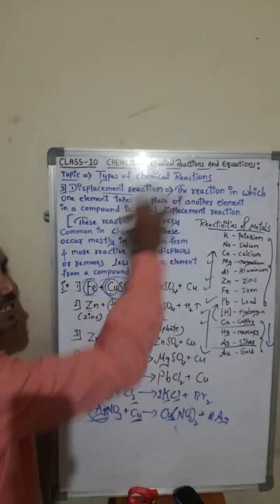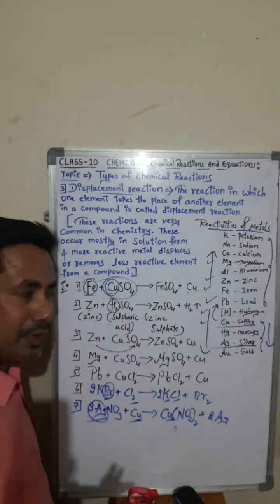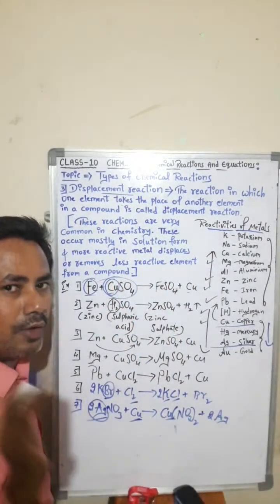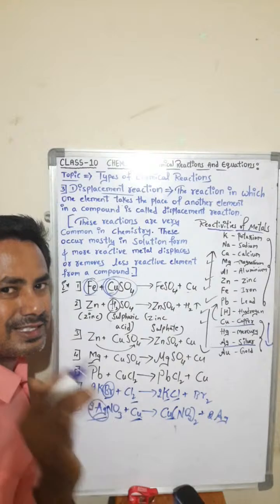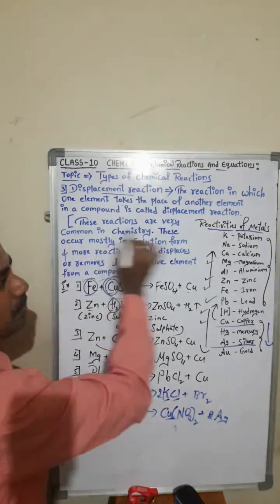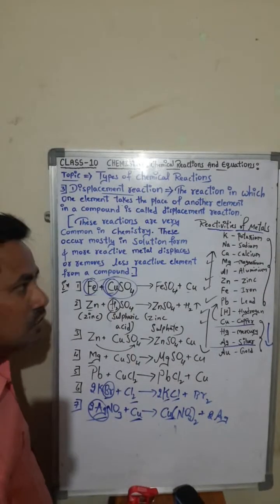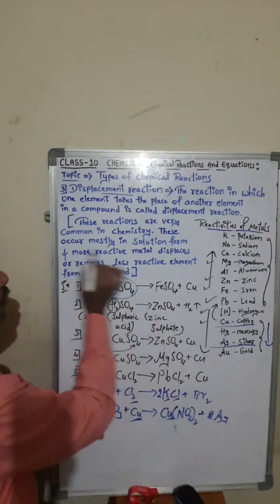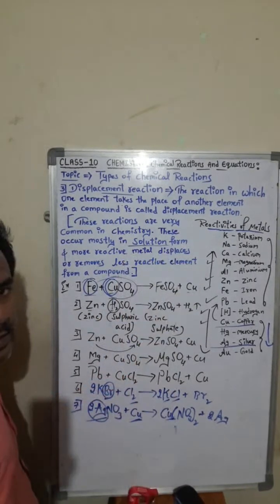You can write this definition also: the chemical reaction in which a more reactive element displaces a less reactive element from a compound is called a displacement reaction. So generally this takes place in what? Aqueous form, solution form, students.